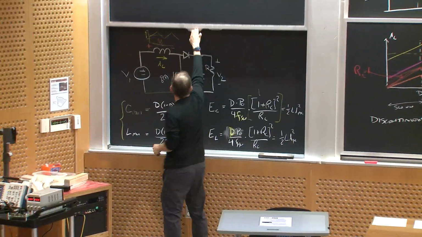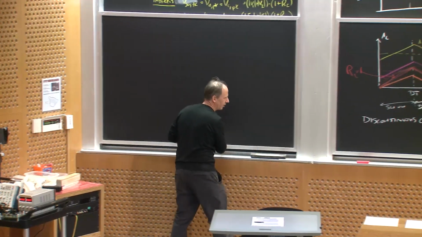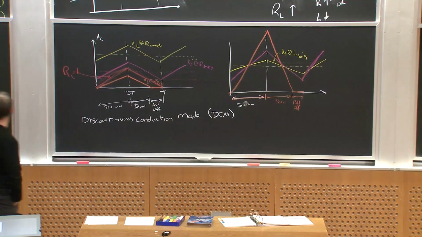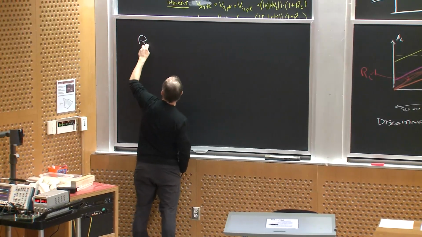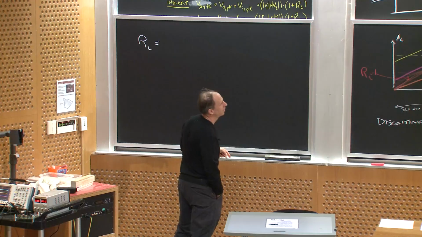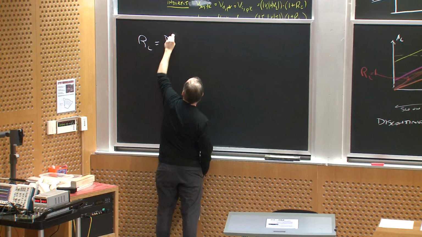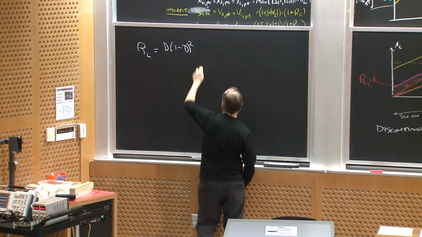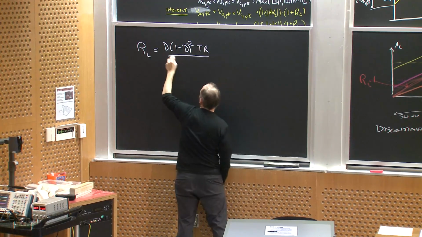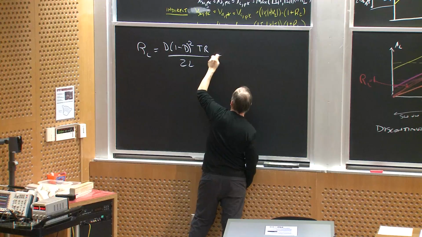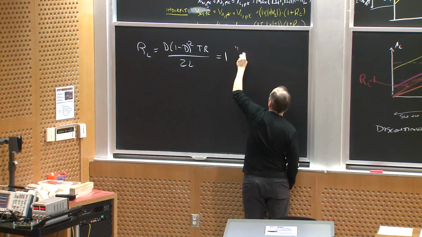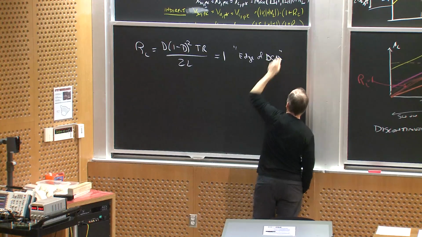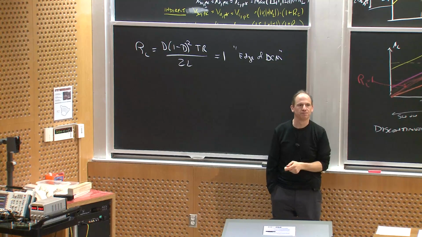Well, we can come back and just calculate what happens. I have my expression for ripple ratio equal to 1, so I can write that again here. I get R sub L is equal to D times (1 minus D) quantity squared, T_R over 2L, and that's equal to 1 at the edge of DCM. That's where I transition between the two modes.